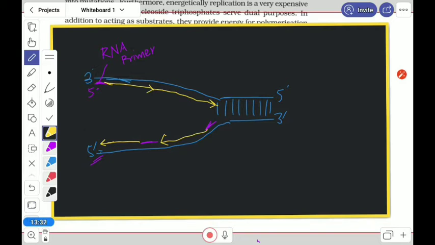The small piece here is one, here two, and another will be three like that. This strand is called the leading strand, and the other strand which is fragmented is called the lagging strand. And the fragments of this lagging strand are called Okazaki fragments, after Reiji Okazaki, 1968.